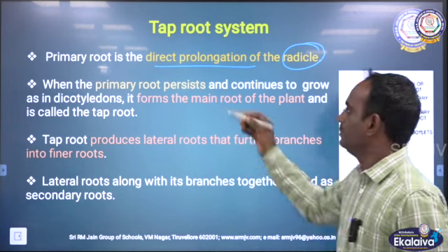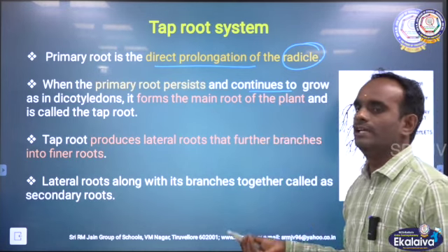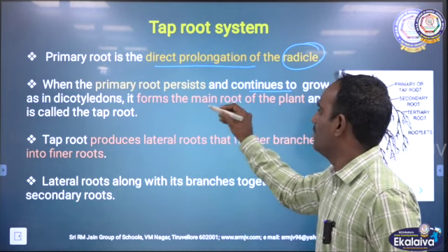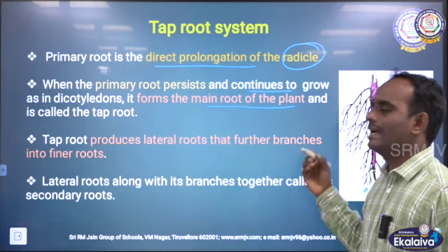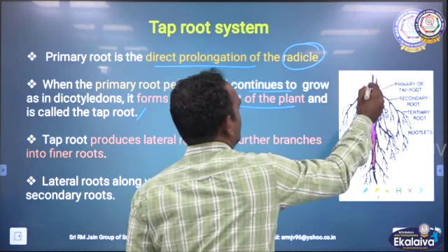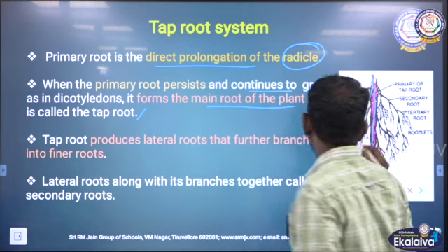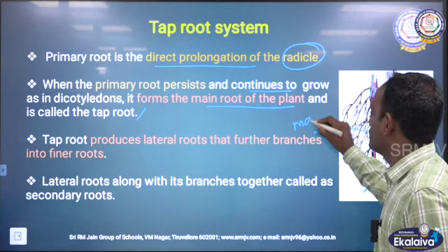When the primary root persists and continues to grow as in dicotyledons, it forms the main root of the plant and it is called a taproot system. See here, from the radicle the primary root arises and it persists and it is the main root.